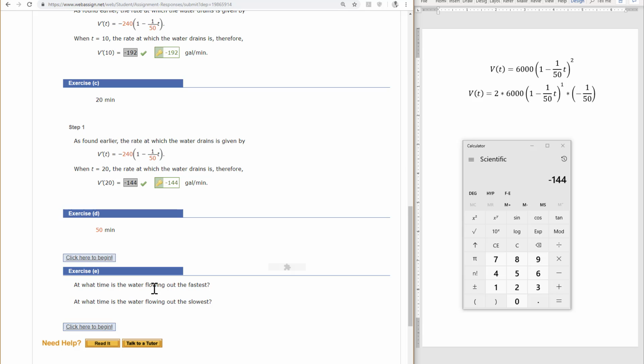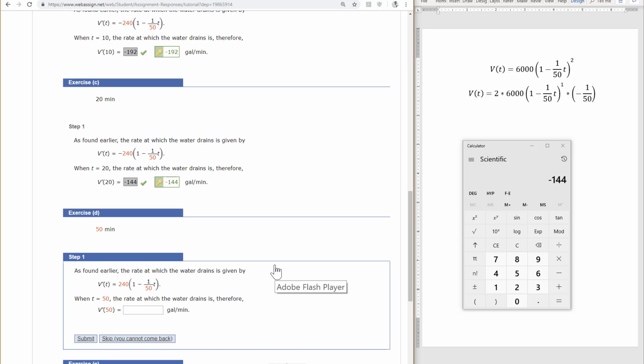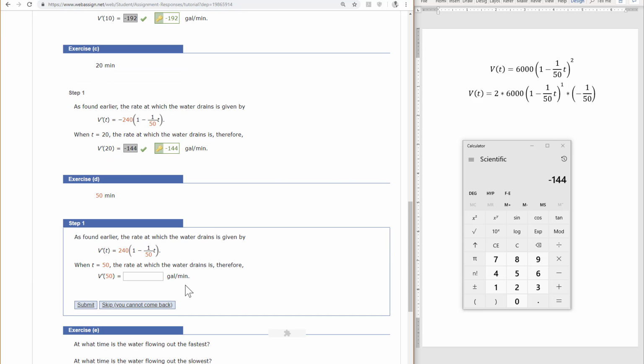So 50 minutes. This will be towards the end. Now this thing goes all the way to 50, so this is going to be at the end of that. Oh, I think they forgot to put a negative sign in front of this 240. But if you put 50 here, this is 1 minus 50 over 50.